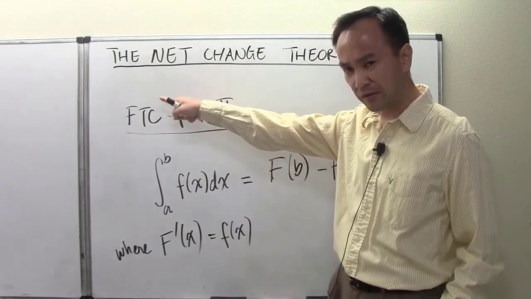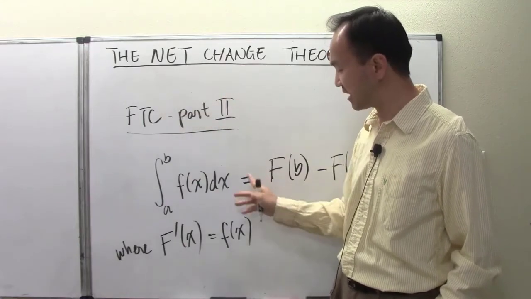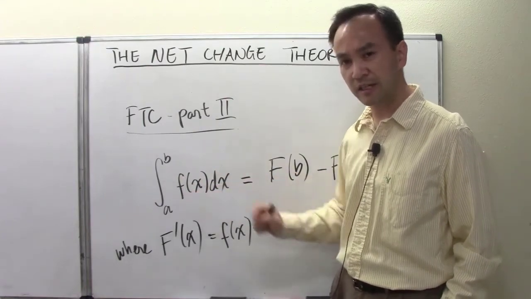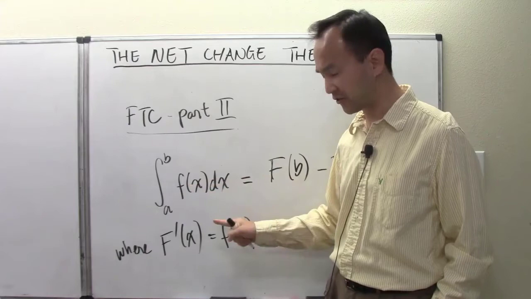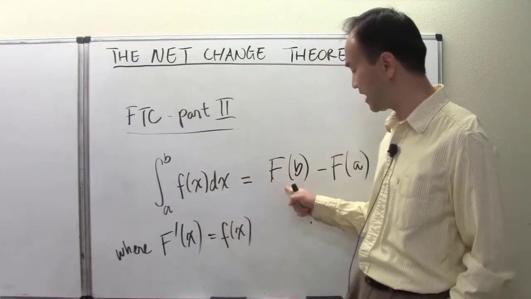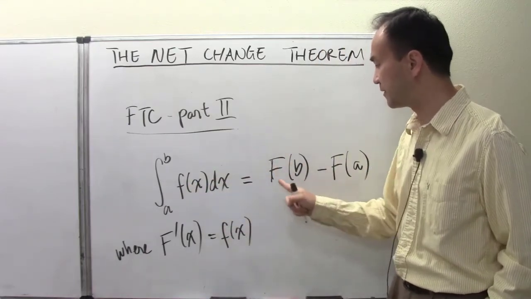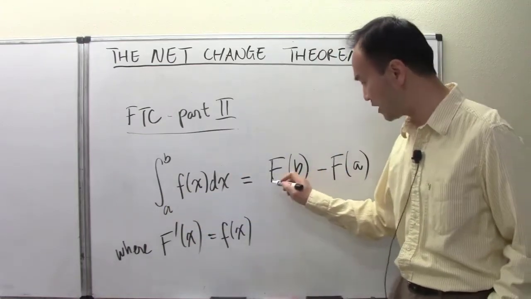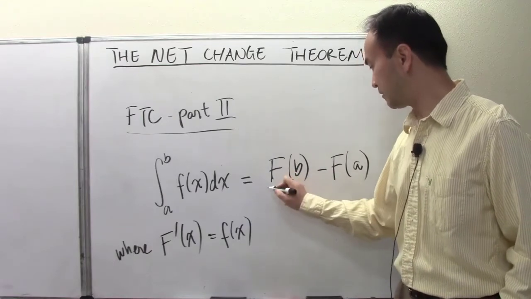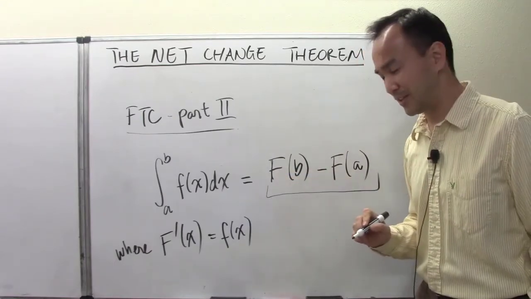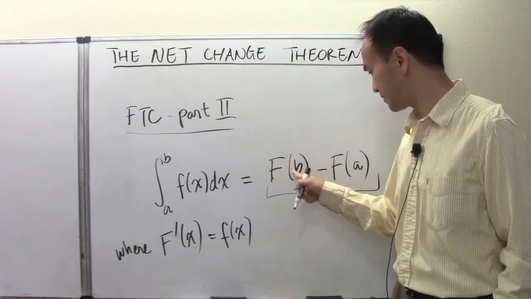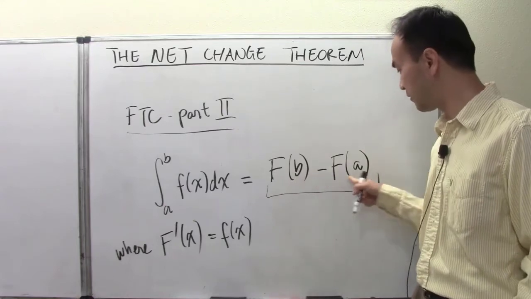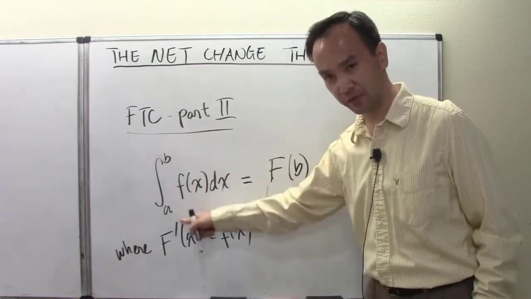So the fundamental theorem of calculus, the second part, stated that all we have to do is, first, find the antiderivative of our main function, that lowercase f of x, and then evaluate the antiderivative at b and a, and then subtract and take the difference. So here notice we have a difference. Notice here we have a difference, between the two values of the antiderivative at two different integral limits right here. And that's what it is.